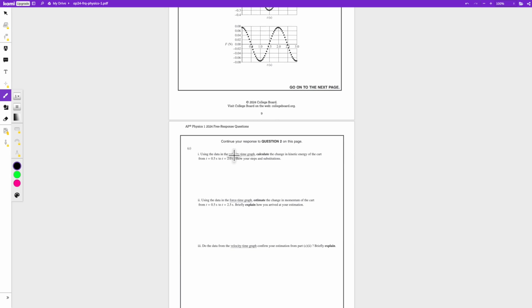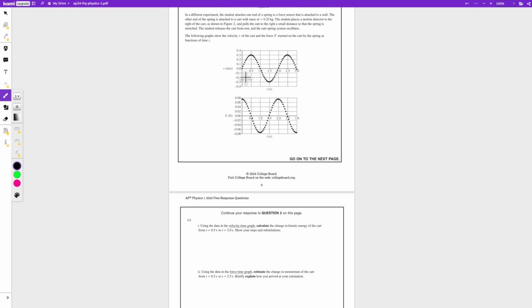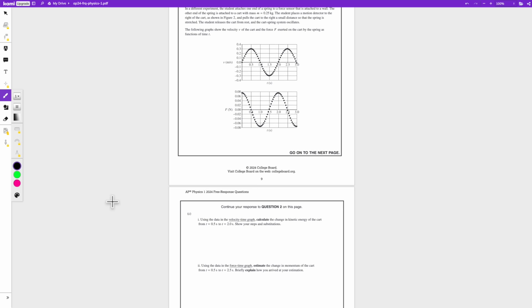Now, using the data from the velocity time graph, find the change in kinetic energy from 0.5 to 2 seconds. So let's see the velocity graph. So at 0.5 seconds, the cart has a v of 0.3 meters per second.